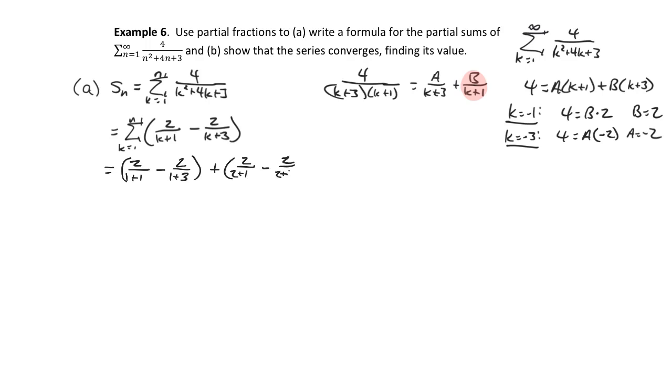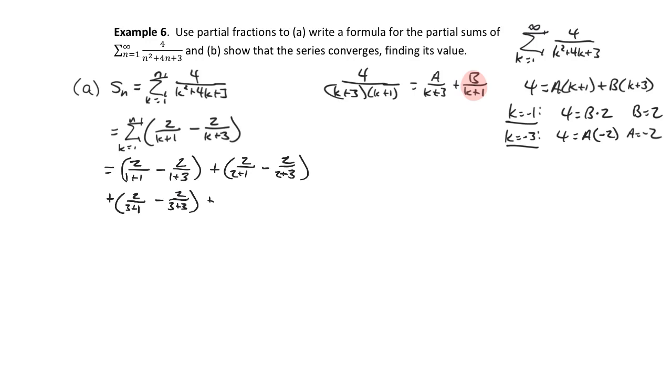2 plus 3. When k is 3, now I'm going to write this on a new line. Again, I'll explain why in a moment. When k is equal to 3, we end up with 2 over 3 plus 1 minus 2 over 3 plus 3.